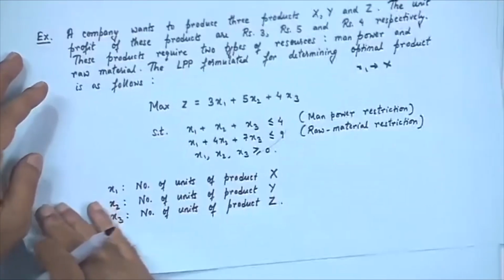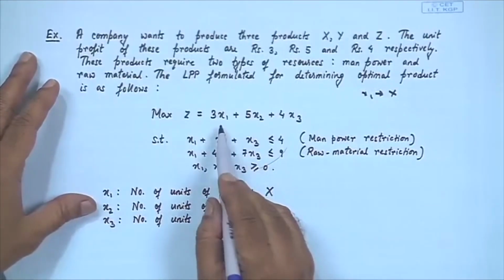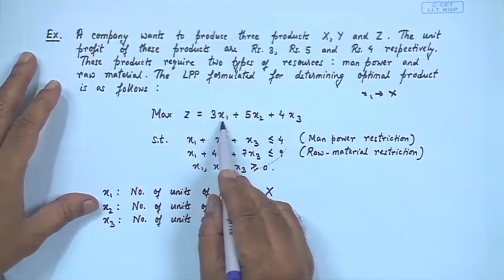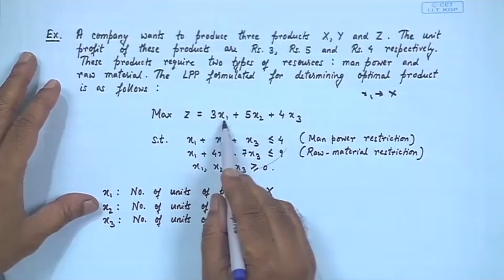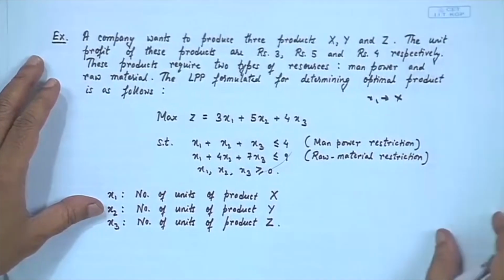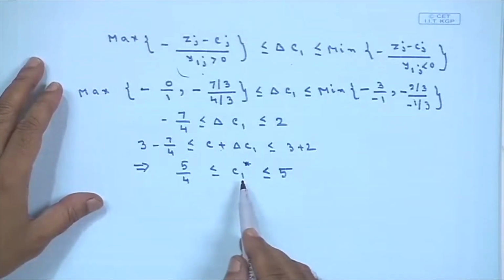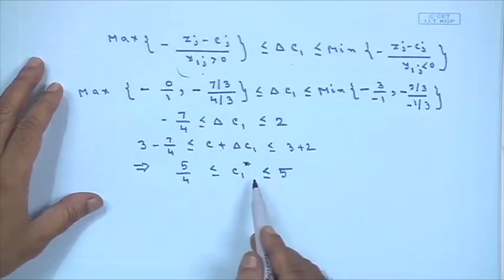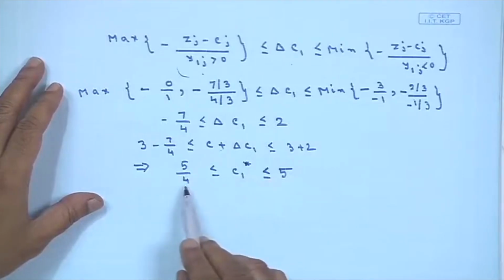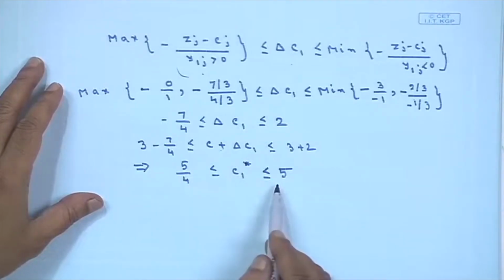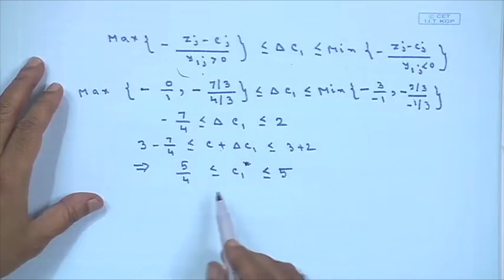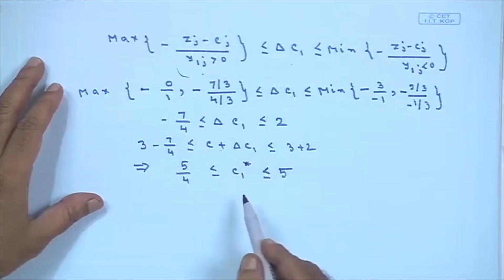So, you see the original problem. In the original problem, the coefficient of the product X was 3, C1, right. So, 3 was there. Now, if I change this coefficient from between 5 by 4 to 5, your optimal solution will remain unchanged.